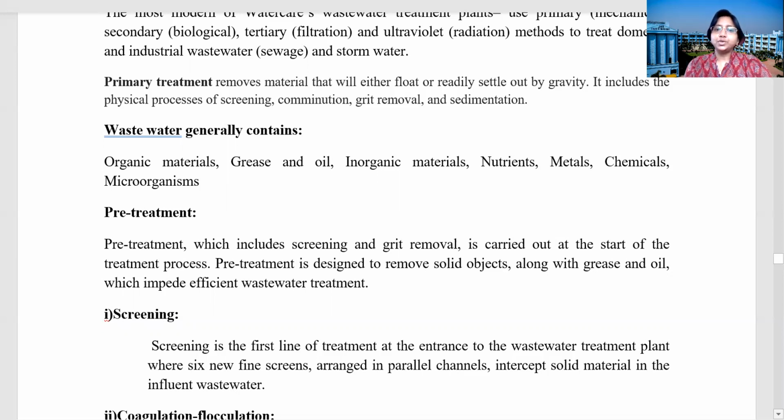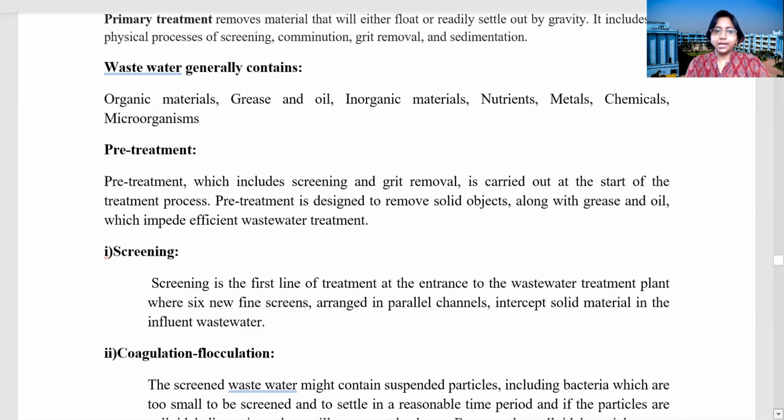Pre-treatment is designed to remove solid objects along with grease and oil, which impede efficient wastewater treatment. So mainly the very large particles, these things we remove first for the benefit of the different types of machinery that we use in the primary treatment.